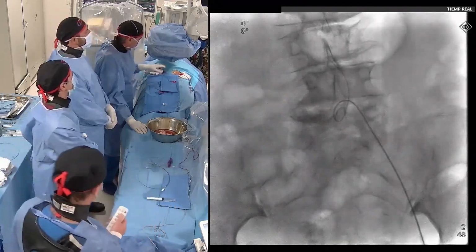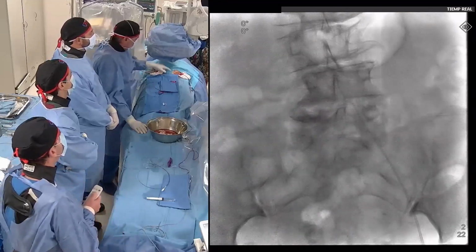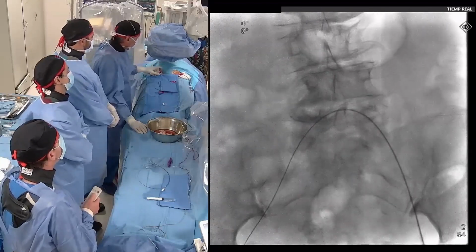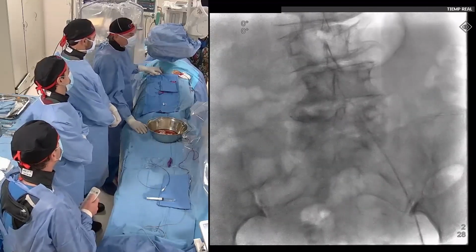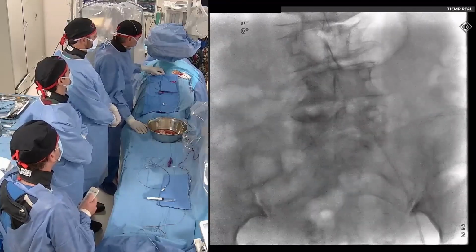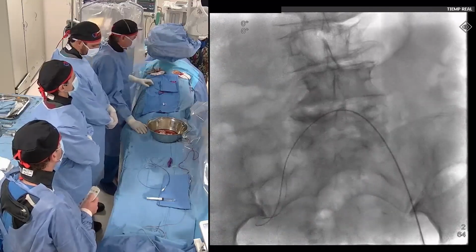Although we use angio and echo, it was not that easy to puncture. And also we have difficulty for the femoral access. This is the reason why we put the transient pacemaker from here, from the right side, which is quite uncommon when we are doing a femoral approach.